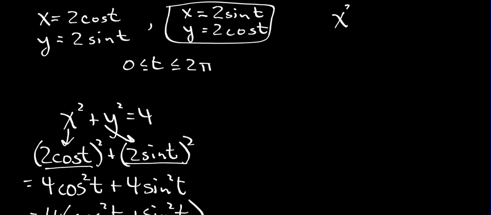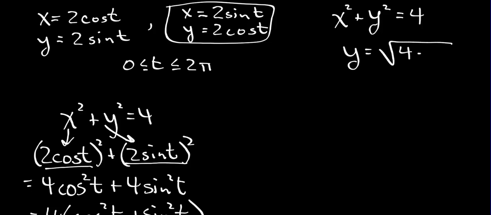Remember, the circle of radius 2 is equal to this. I mean, that's the way we're used to looking at it. What if I solve for y? Well, if I solve for y, I get y equals the square root of 4 minus x squared. Now, that's the top part of the circle. And this is one quick way that you can parameterize a curve where you have y equals something in terms of x.